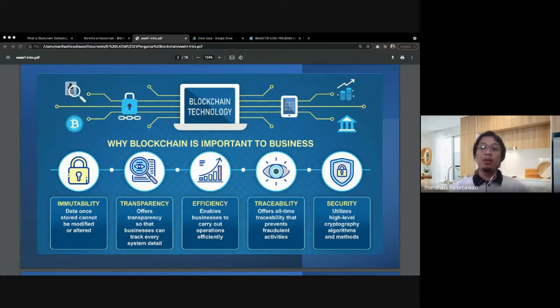Yeah. And we also have one more question from Tian. Is there an example of transparency? The meaning of transparency in blockchain is, for example, I now have one PhD student who developed a blockchain for oil palm tracing.